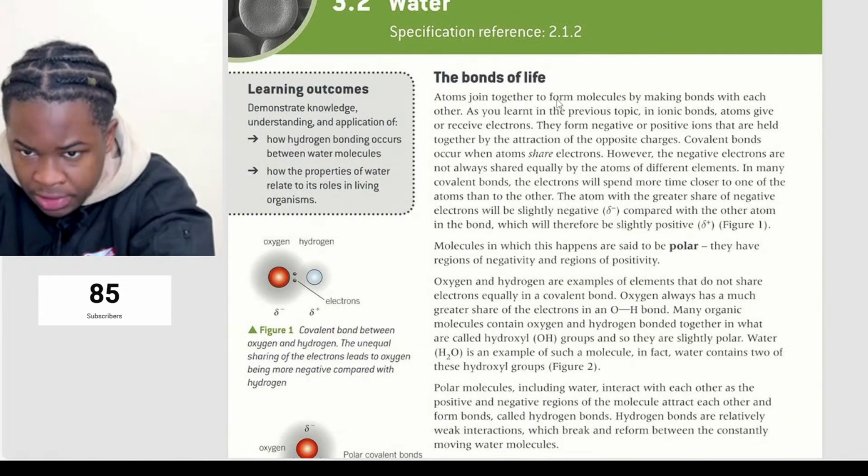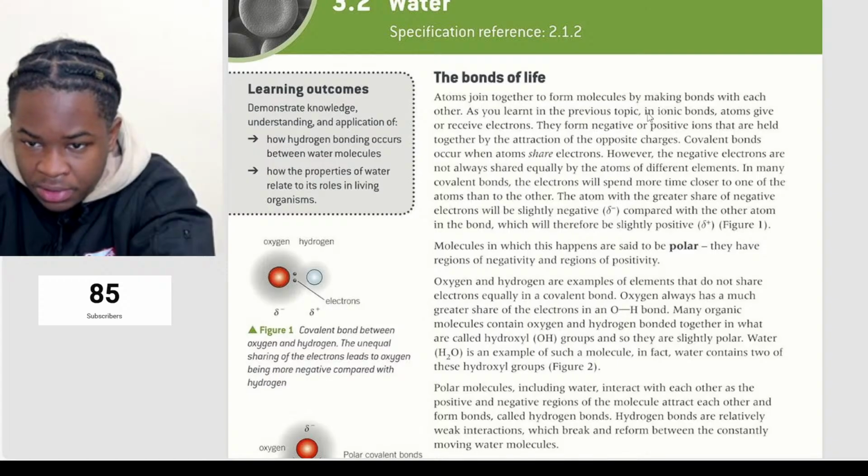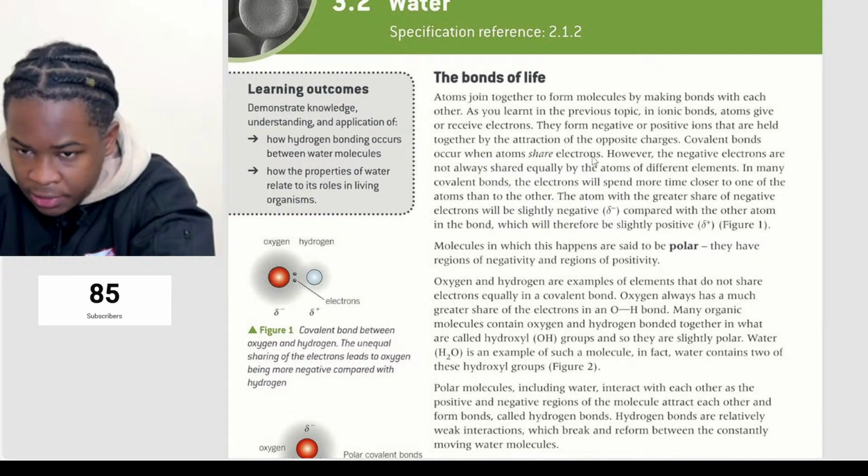Atoms join together to form molecules by making bonds with each other. As you learned in previous topics, in ionic bonds, atoms give or receive electrons. They form negative or positive ions that are held together by the attraction of opposite charges. Covalent bonds occur when atoms share electrons.